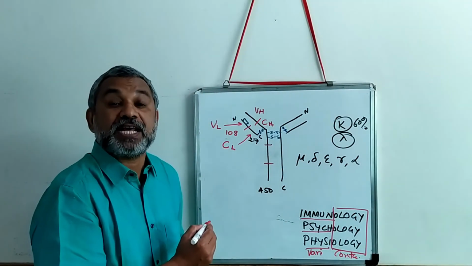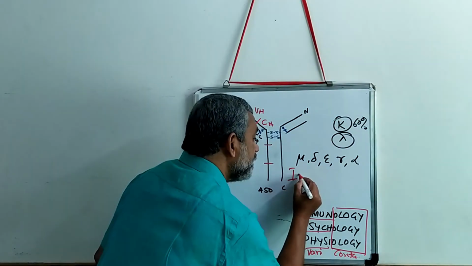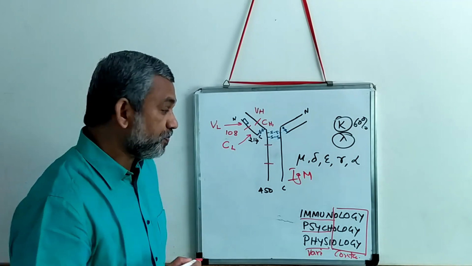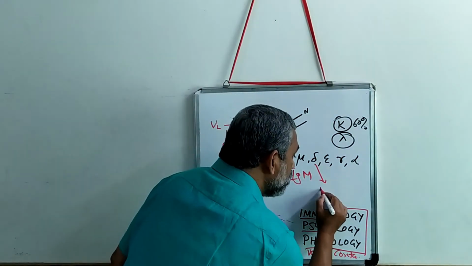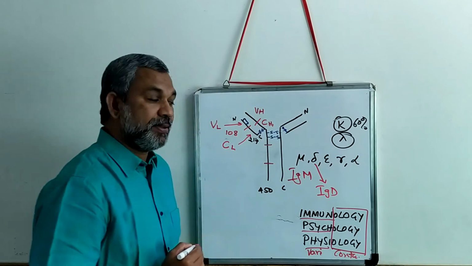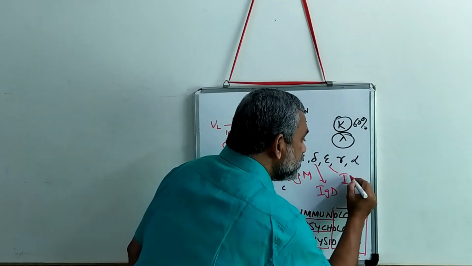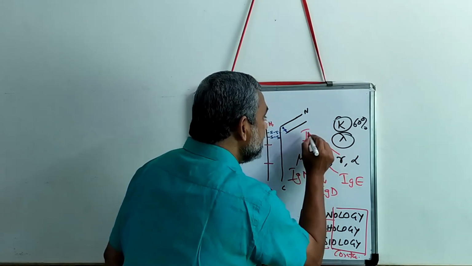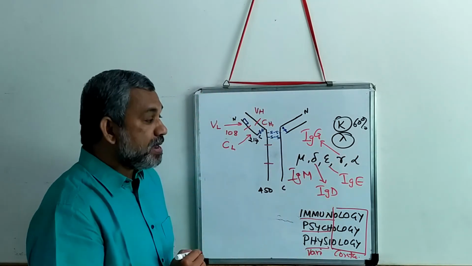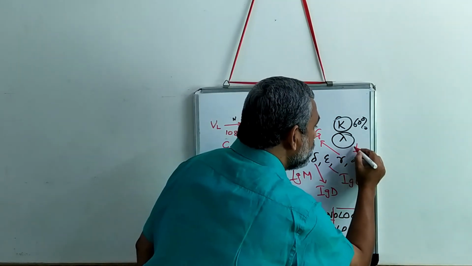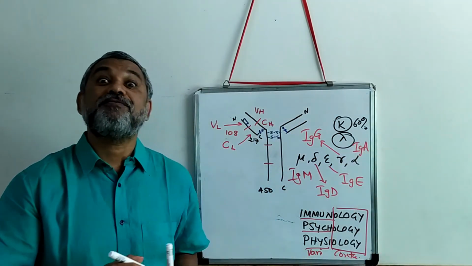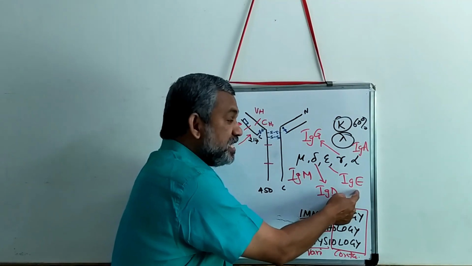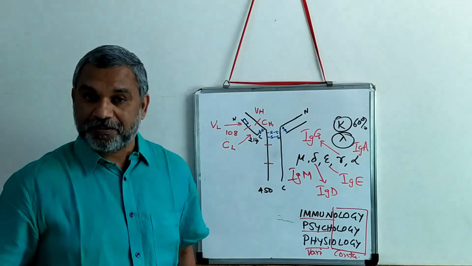Mu will give rise to an immunoglobulin denoted as IgM, immunoglobulin M. Delta will give rise to IgD, epsilon will give rise to IgE, gamma will give rise to IgG, and alpha will give rise to IgA. You see, there are 5 different types of antibody: IgM, IgD, IgE, IgG and IgA.